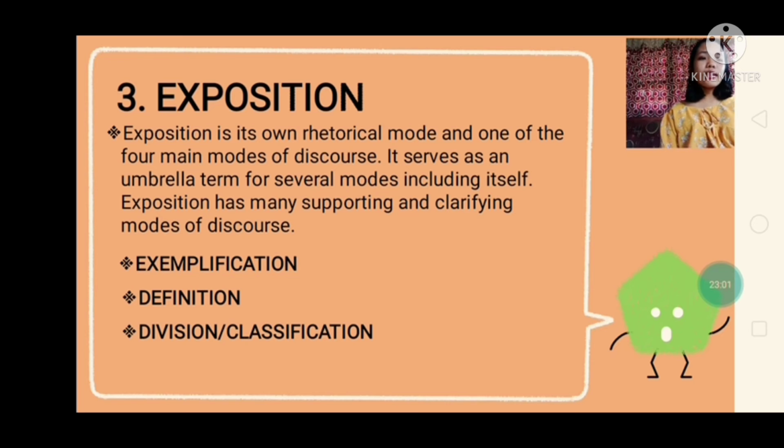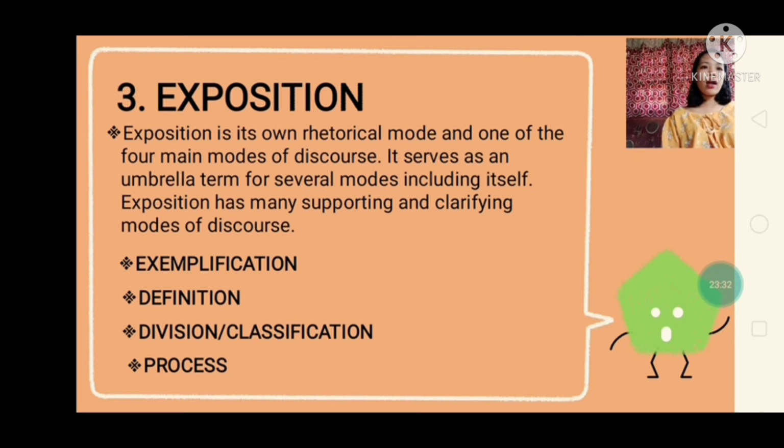So, definition or classification is, dito natin di-divide yung the story, antagonist and protagonist, who are the main character, who is the antagonist, who is the friend, the supporting characters. So that is the division and classification.